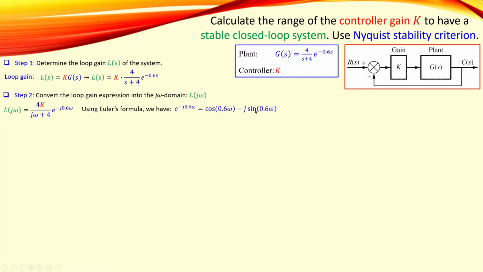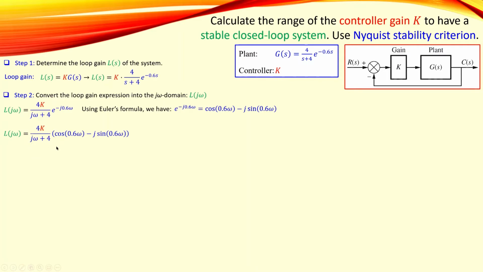If I now substitute this expression in here, I get the expression for the loop gain as follows. Now in the next step, what I want to do is I want the denominator expression of the loop gain as a real value, because this is a complex expression which has an imaginary and a real part, but I would like to get rid of this imaginary part also.